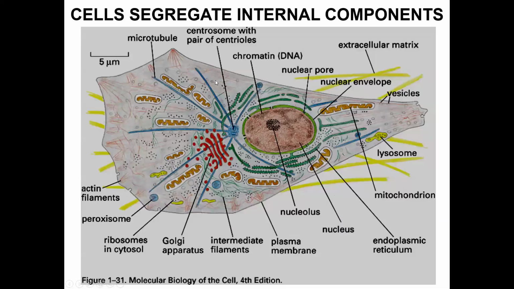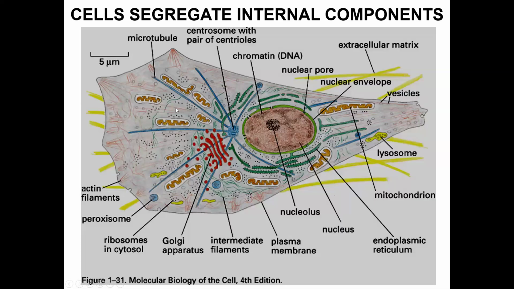Now, this is a two-dimensional drawing of a cell. The nucleus is this one. It's surrounded by the smooth endoplasmic reticulum and rough endoplasmic reticulum. You have here the organelles, you have the cytoskeletal elements, and the plasma membrane or plasmalemma surrounds the cell.